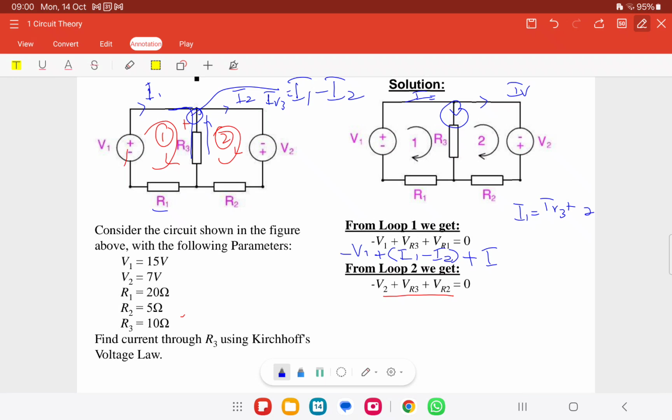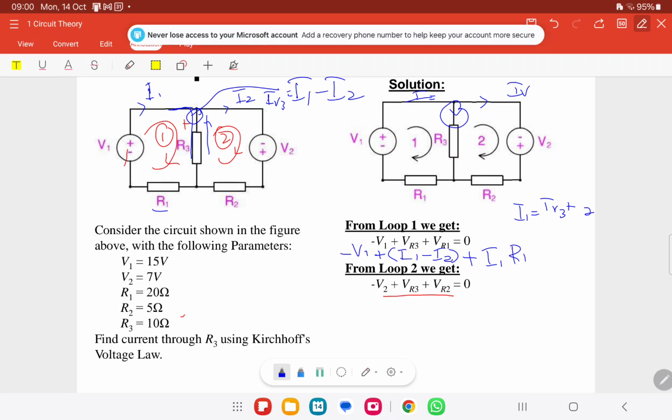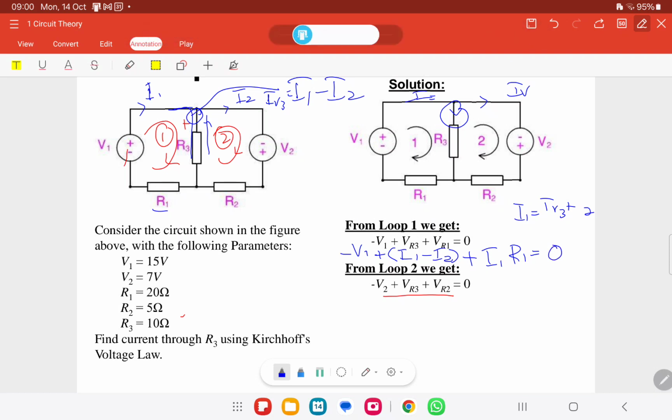Sebab dia tak ada gabung dengan loop lain. Yang R3 tadi, sebelah dia tu ada loop lain. Nampak tak? So yang hujung ni adalah I1 R1 equals to 0. Student selalu tricky dekat yang ni. Selalu tertinggal kat sini. Sebab dia gabung dua loop, ya?